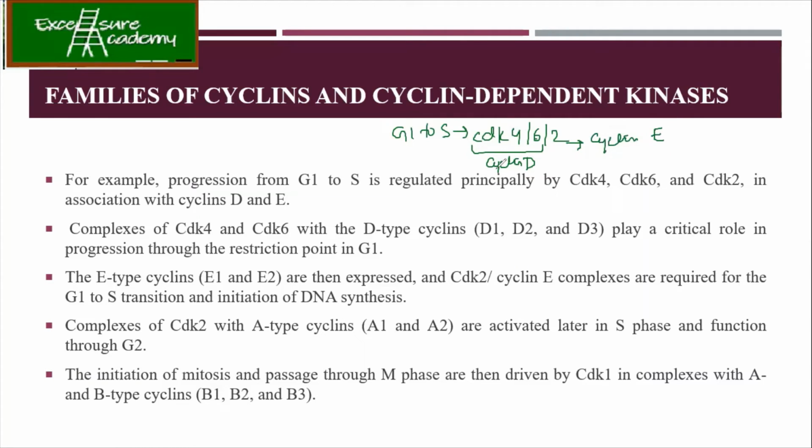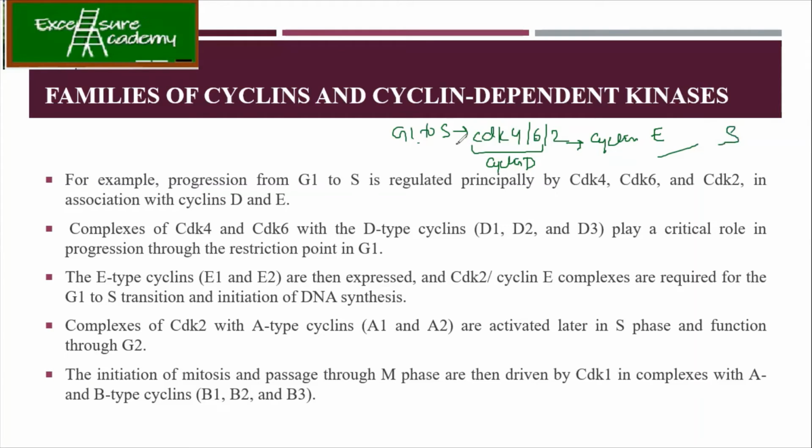Now what is their work? CDK4, 6 with cyclin D is passing the restriction point. CDK2 and cyclin E is at the later transition, where the initiation of DNA synthesis will start. Okay, then now you are in the S phase.